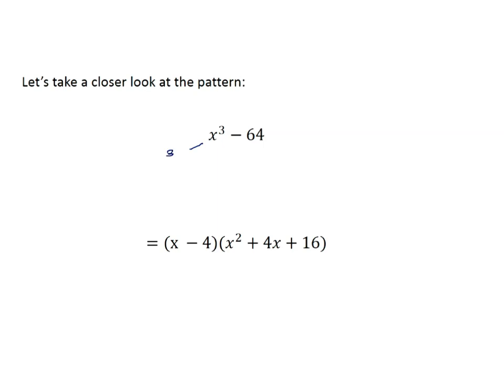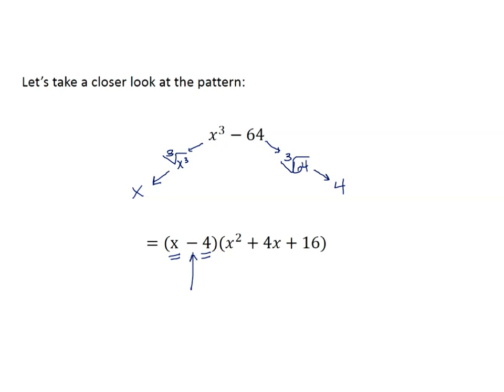So it would be helpful if I could find the cube root of the first term and the cube root of the last term. The cube root of x cubed is going to give me x, and the cube root of 64 is going to give me 4. So I notice right away that in my first binomial, I have these two values. I have x and I have 4.